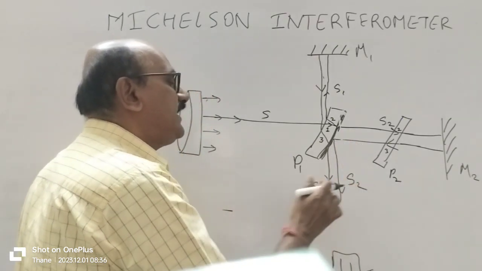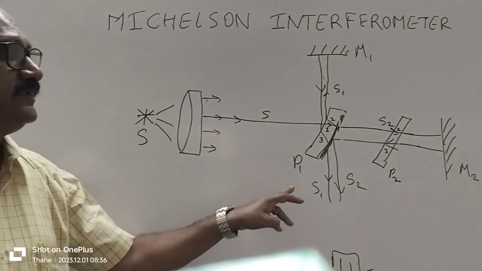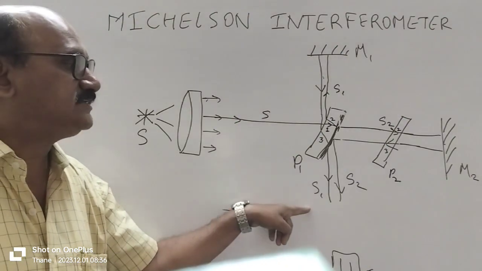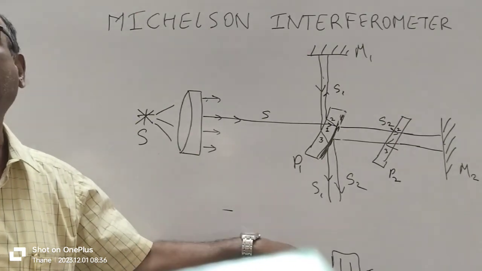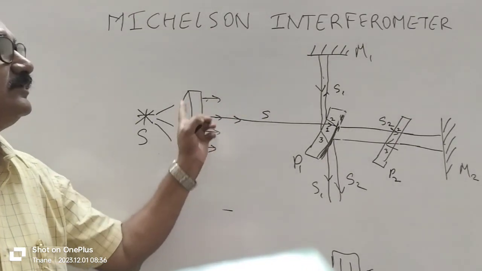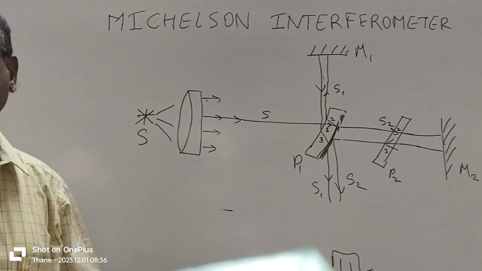Now rays S2 and S1 both travel 3 times in the glass medium. So they travel equally in the glass medium. So there is no path difference between S1 and S2 and you will get a good interference pattern at the telescope. This is how the construction of the Michelson interferometer is done. Thank you.